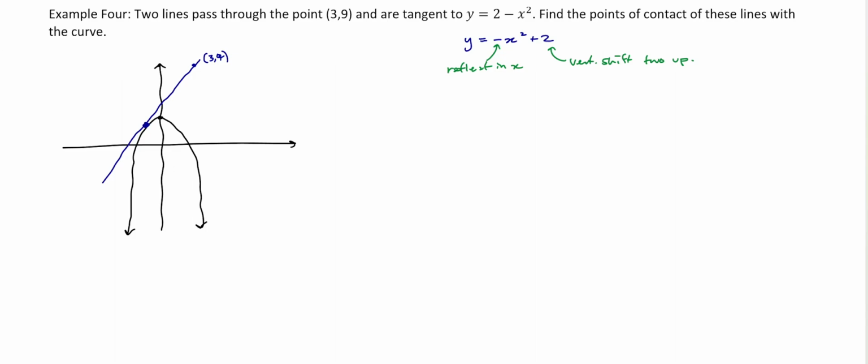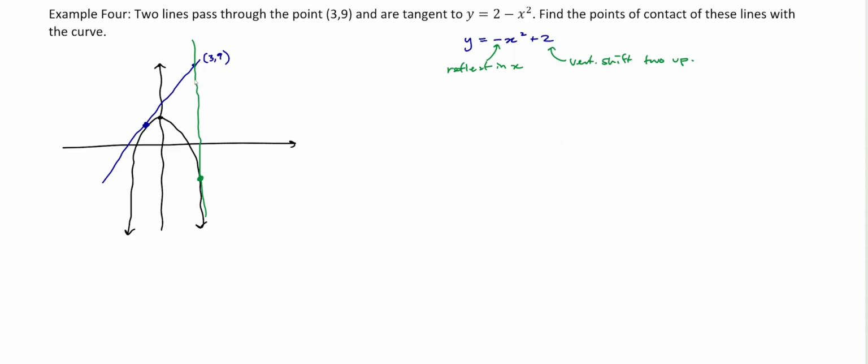And then I've got another line that is tangent and basically comes down here, something like that. So it's tangent over here. And so the question is asking me to find the points of contact of these lines with this curve. Okay, let me just clean this up a little bit. This is 3, 9.